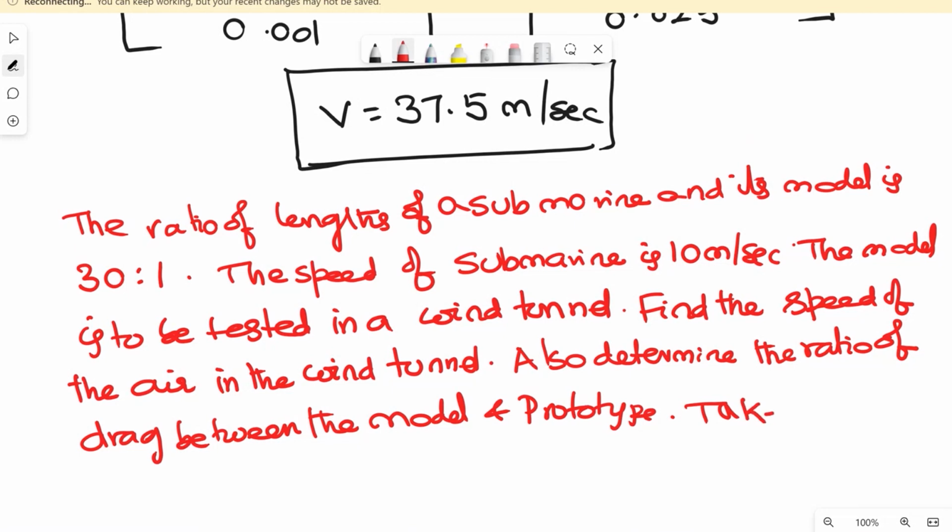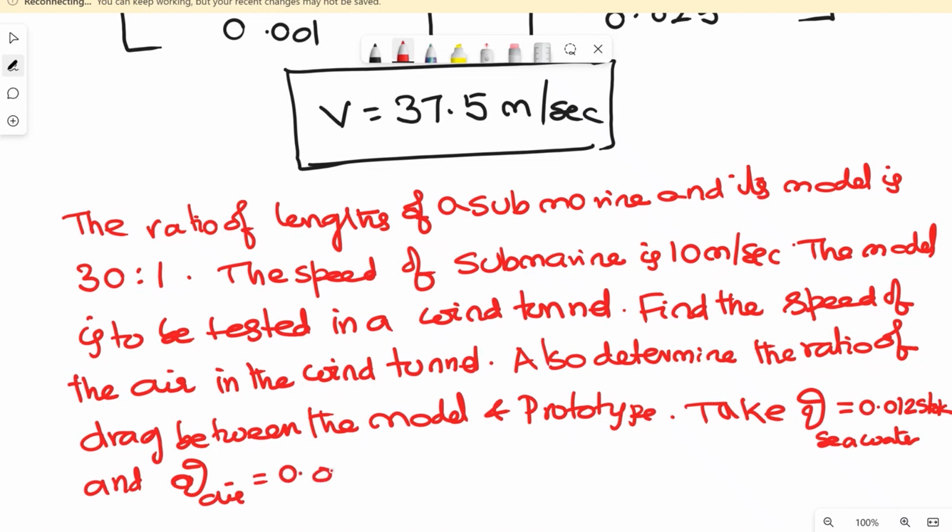Take kinematic viscosity for seawater equal to 0.012 Stokes and for air as 0.016 Stokes.